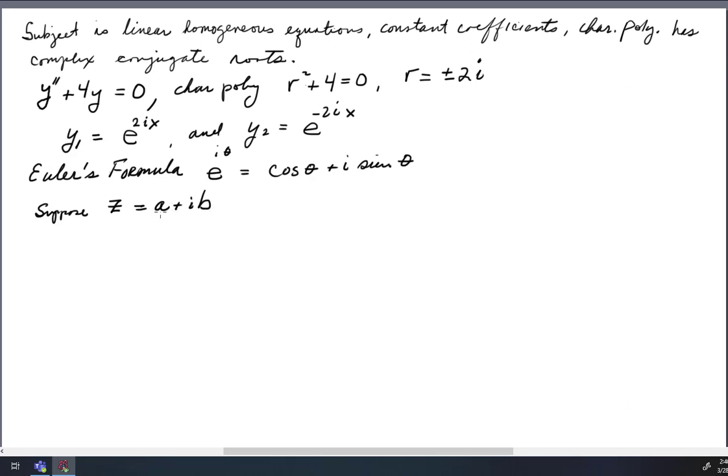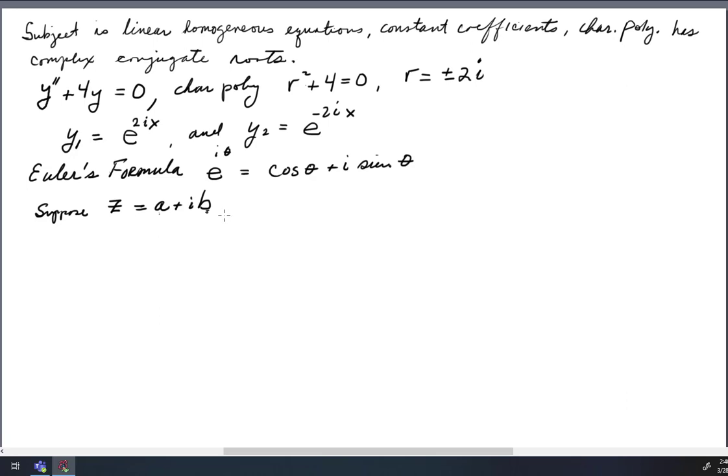And when we're dealing with complex numbers, the part without the i is called the real part, and the part with the coefficient i is called the imaginary part. So this would be real part, imaginary part. In this example, real part is 0. But that doesn't change how we're going to proceed. That's just an artifact of the example that I picked here.